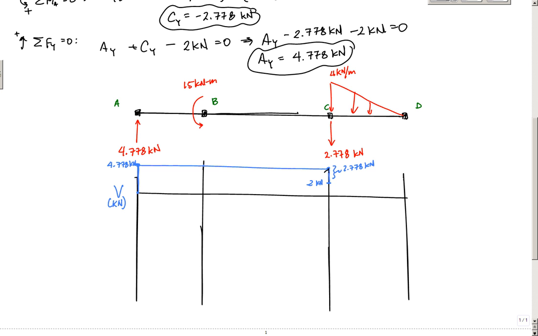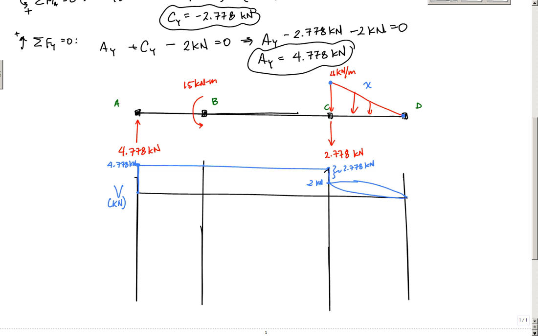And then here, because the function of x is linear right here, I know that my shear diagram is going to be an antiderivative, if you will, or x squared or something, right? So it's going to be parabolic here. And the question is, my parabola could go either like this, or it could go like this. And one of these two is correct. The way you know is based on the value of the distributed load.